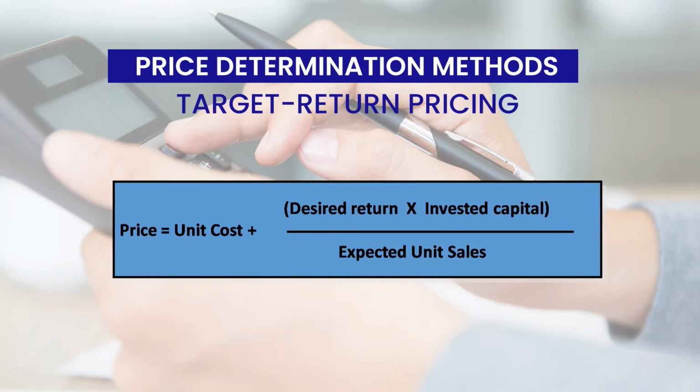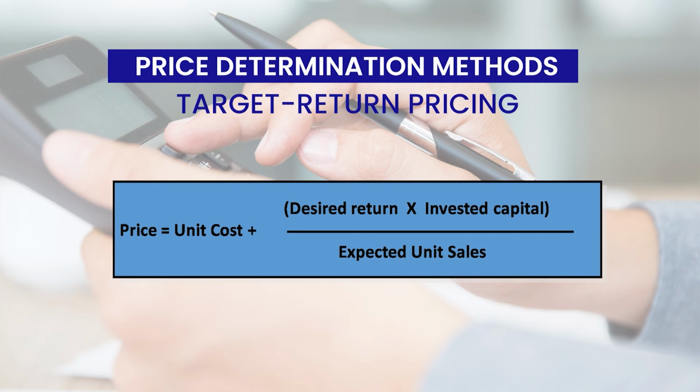So the formula for target return pricing is that once you have calculated the unit cost of one unit, the marginal cost, then you can simply say I am expecting 20%, 25% or 30% return, multiply that with the total investment that you made and divide that by the expected sales. That gives you the target return and it helps you in pricing.